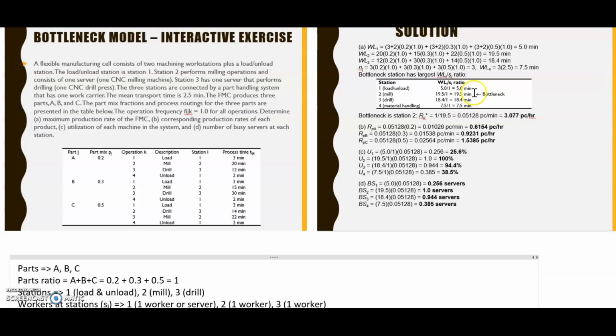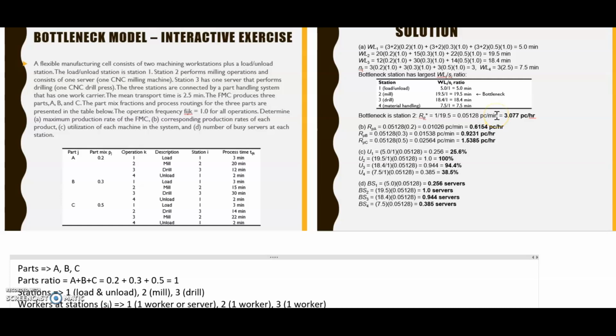So the bottleneck is station 2. From there we can determine the maximum production rate of the FMC. Basically, 1 divided by 19.5 minutes equals 0.05128 pieces per minute.